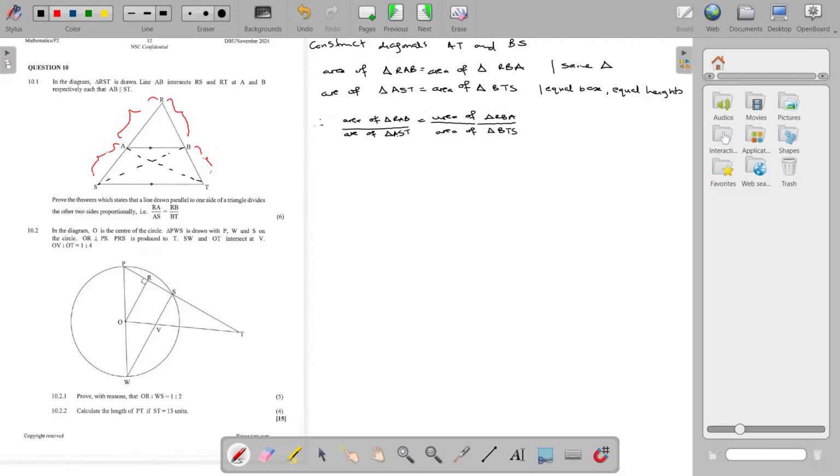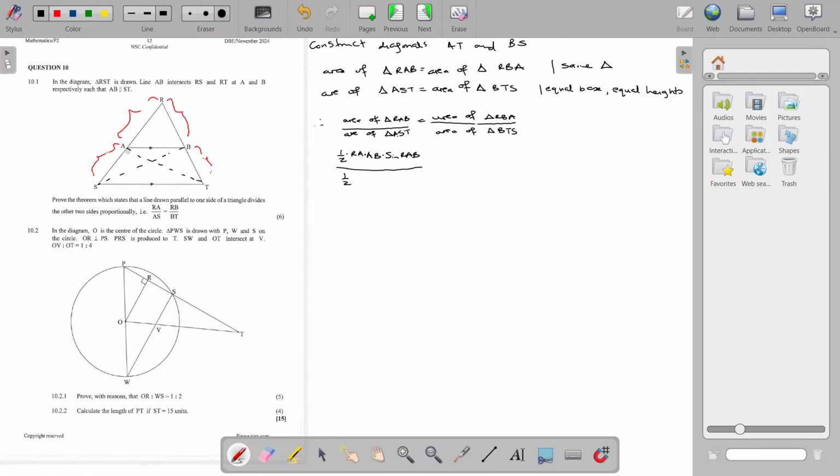So in this case, the area of a triangle using the area rule is half times RA times AB times sine of the included angle, so it's sine RAB, divided by half.